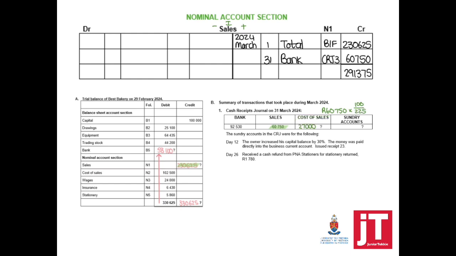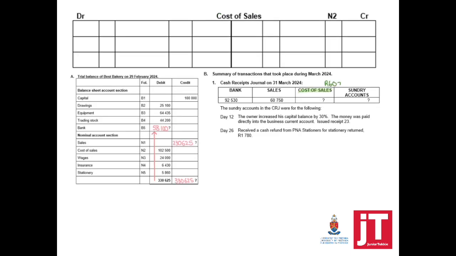Cost of sales is regarded as an expense to the business. This means that my total brought forward appears on the debit side. Posting from the cash receipts journal, cost of sales will be debited, our expense will increase.